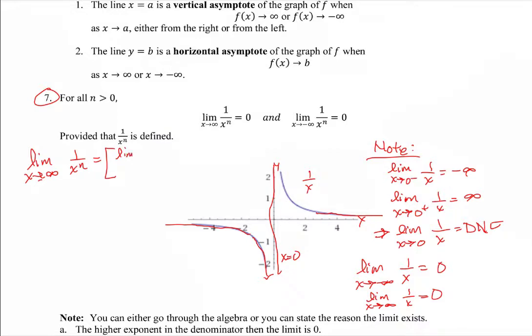So this is the limit as x goes to infinity of 1 over x, to the n. But we've already said that this limit is 0, so this becomes 0 to the n, which is 0.